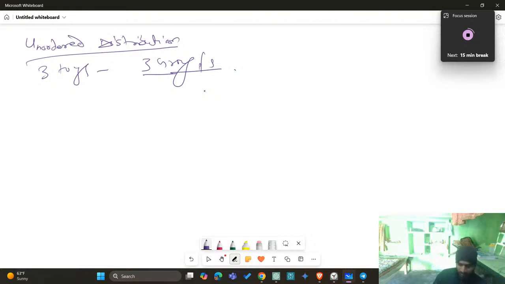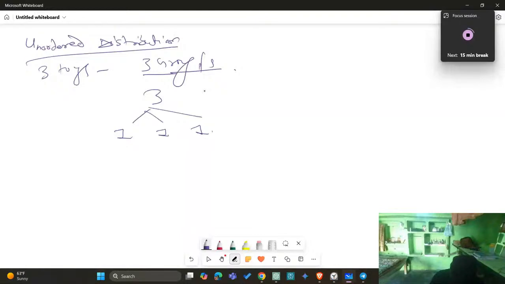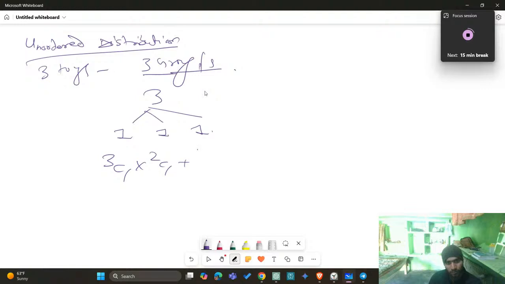Each group gets exactly one toy. The value for this is 3C1 into 2C1 into 1C1.